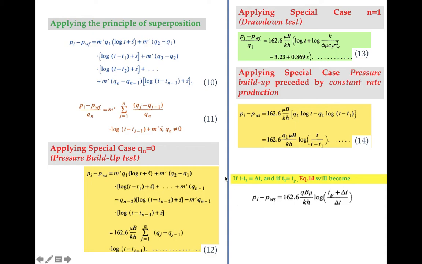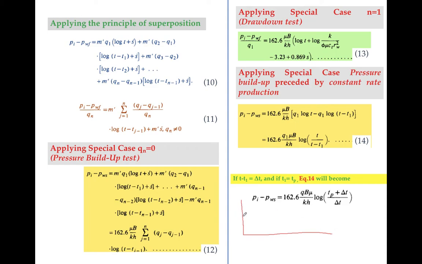Equation number 10 that you can see here looks slightly complicated, but I want to simplify it by showing you some graphs. There are various productions happening, as we saw in our last slide. In a multi-rate test, the flow changes every duration.